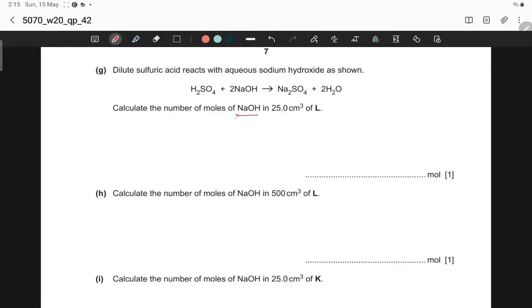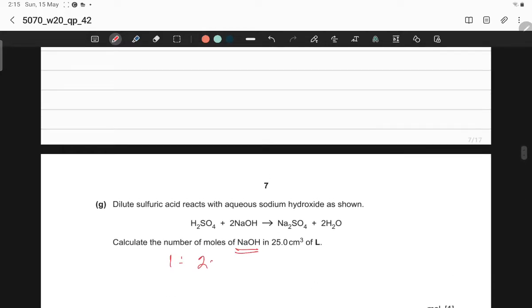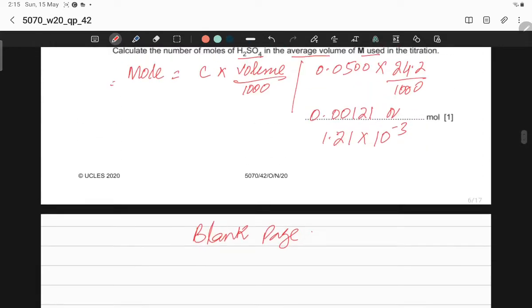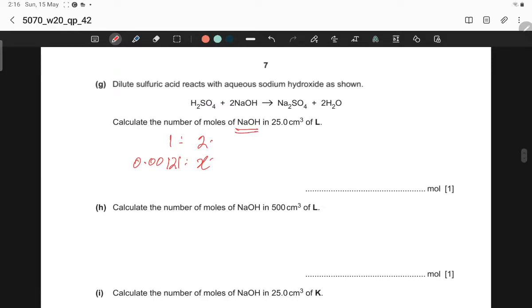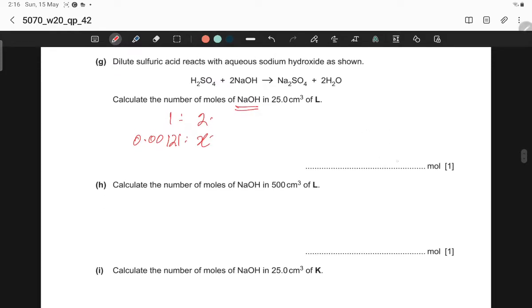So calculate the number of moles of sodium hydroxide in 25 centimeter cube of L. By using the mole ratio 1:2, the moles of sulfuric acid is 0.00121, ratio X. So the answer is 0.00242, or 2.42 into 10 raised to minus 3.